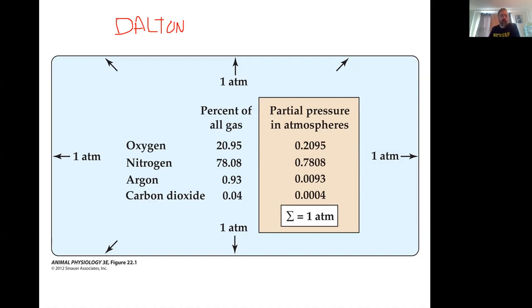So if oxygen is about 21% of the air, and the total pressure in the air is 1 atmosphere, well then oxygen exerts about 0.21 atmospheres, 21% of 1 atmosphere. Same deal with nitrogen: 78% nitrogen, 1 atmosphere, so nitrogen exerts about 0.78 atmospheres of pressure.